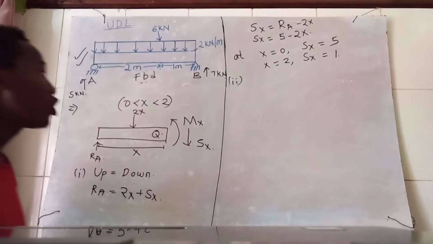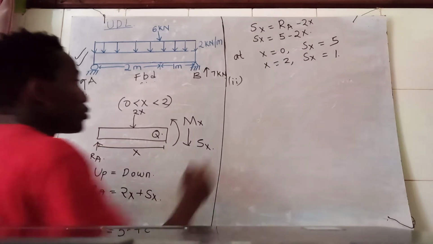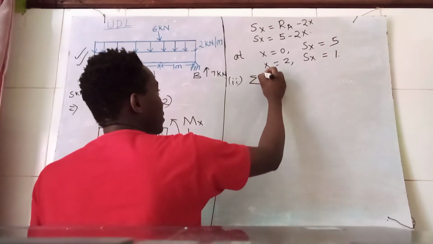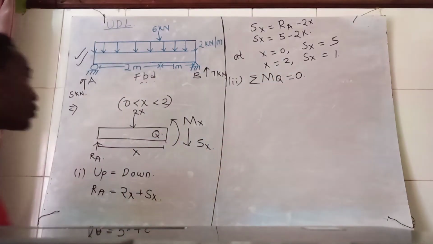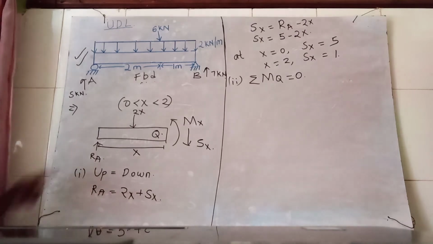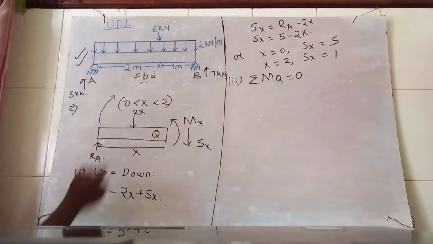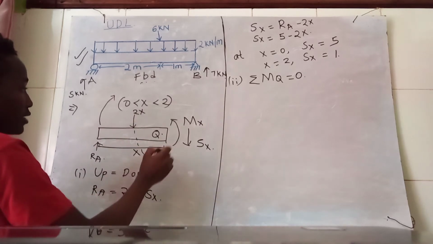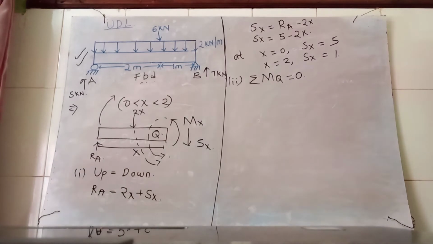Secondly, we are going to take moments about the point Q. So the sum of moments at point Q is equal to 0. RA is acting in that direction, 2x in that direction, Mx also in that direction.